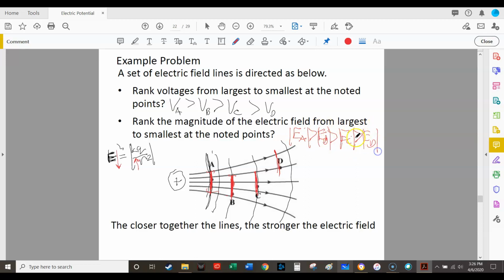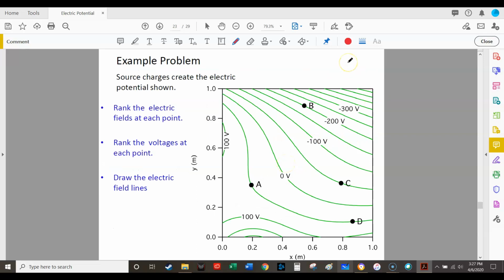The electric field is a vector, but we're just talking about its magnitude, and it's going to have a higher number here than over here. Okay, so that's the relationship between electric field and voltage in quantitative terms. Well, a minor quantitative analysis. Okay, let's do another problem.